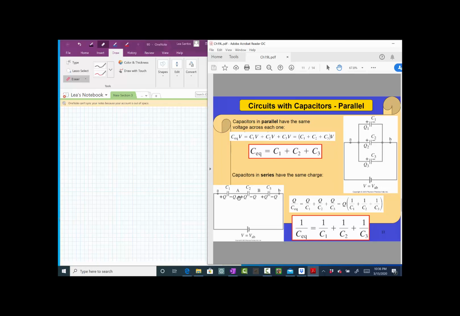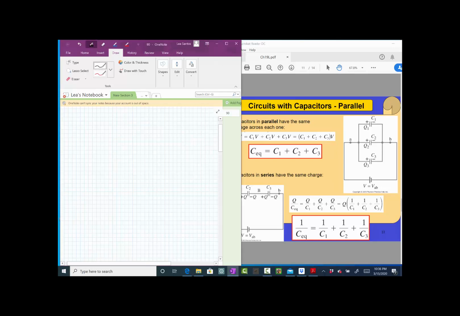Okay, so let's start by reminding ourselves what we saw in chapter 17 when we discussed capacitors. So a capacitor is a device to store electric charge. And we saw that the charge stored in each plate of this capacitor is given by the capacitance of this capacitor and by the potential difference.